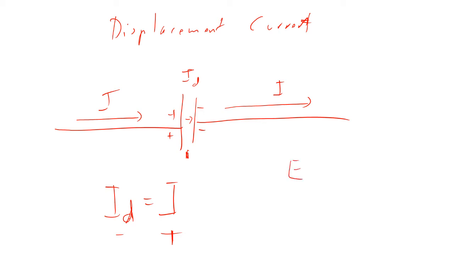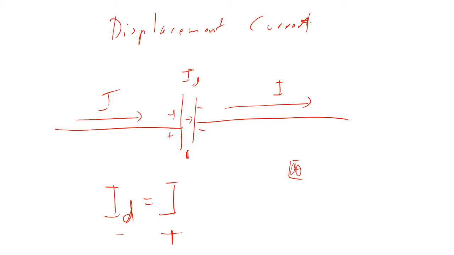The electric field in a capacitor is going to be related to the charge on the capacitor. The voltage in there is related to the charge of the capacitor. So he would say, therefore, the displacement current has to be related to the rate of change of the field.